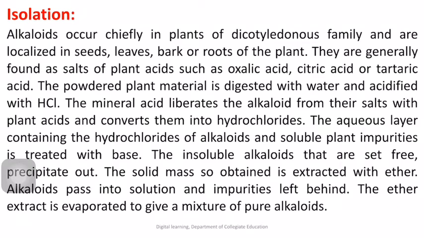The mineral acid liberates the alkaloids from their salts with plant acids and converts them into hydrochlorides. The aqueous layer containing the hydrochlorides of alkaloids and the soluble plant impurities is then treated with base. The insoluble alkaloids that are set free precipitate out.